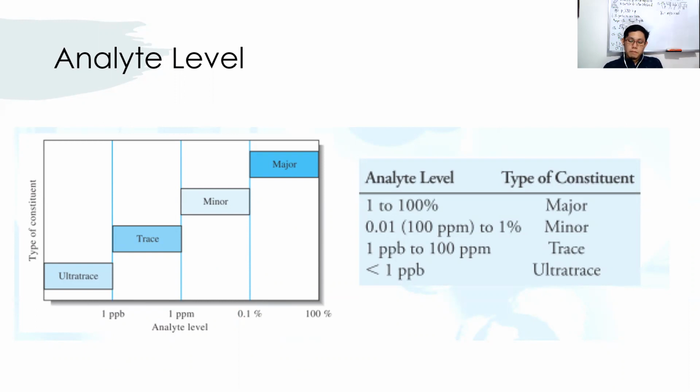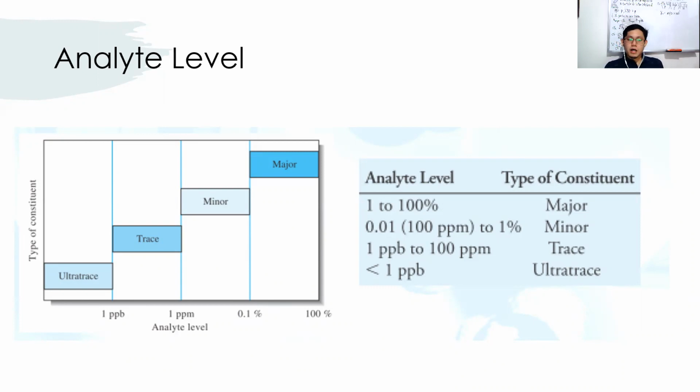So, sa analyte level, meron ka ding several different categories. So, major, minor, trace, and ultra trace. Sa major, meron kang 1 to 100%, while sa ultra trace, meron kang less than 1 part per billion. So, sa ultra trace, dapat meron ka dito very, very sensitive equipment, and then yung handling mo ng sample mo ay dapat masyadong maingat.